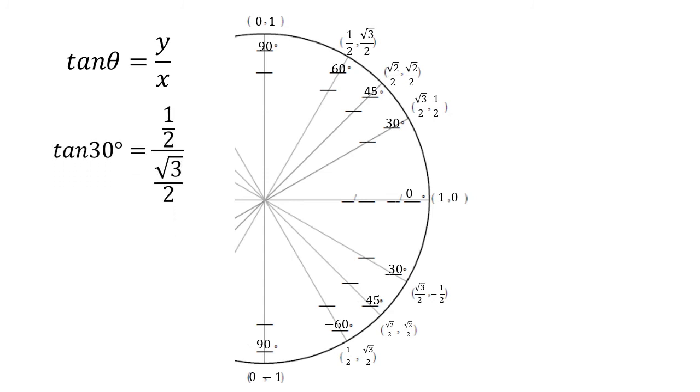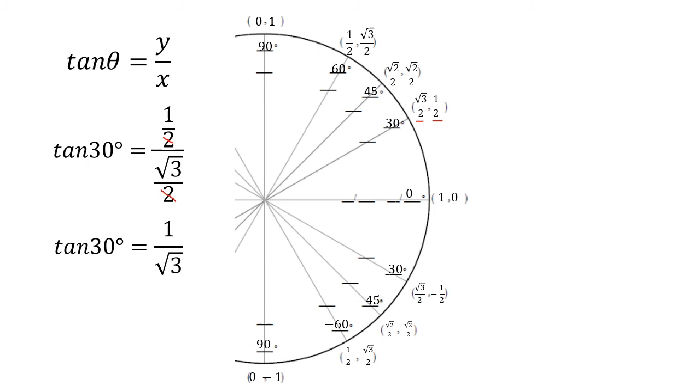So for example, if I'm going to do tan 30, I'm going to look at the y coordinate, 1/2, and divide it by the x coordinate, √3/2. Of course, both have a denominator of 2, so the 2's will cancel, and I will end up with 1/√3.